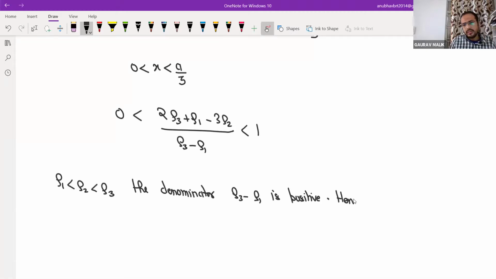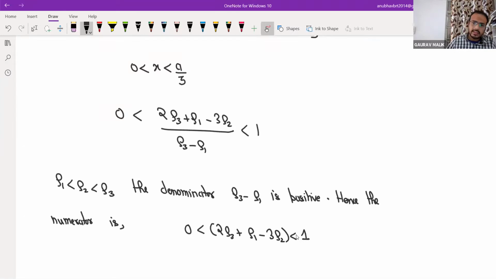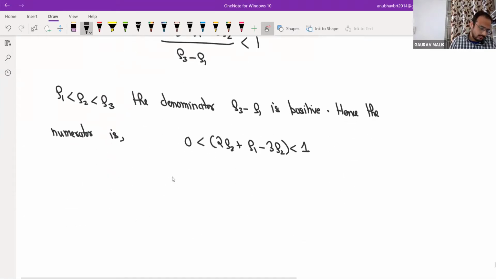So hence the numerator 2 rho 3 plus rho 1 minus 3 rho 2 is less than 1. Or we can write 2 rho 3 plus rho 1 greater than 3 rho 2.